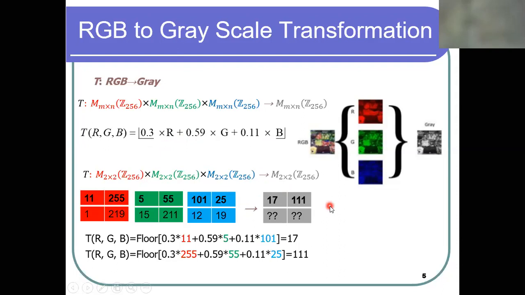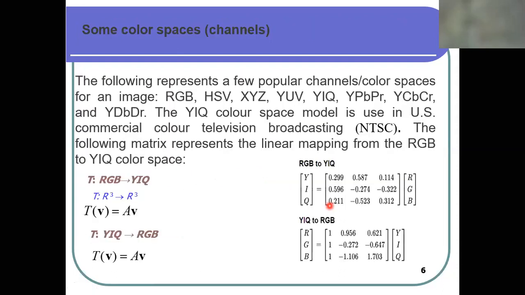Ultimately, this is a real example of linear transformation. These are some color spaces, and as I told you there are a number of color spaces: RGB, HSV, XYZ, YUV. YUV is also used in color printing and in press media, like newspapers and so on.